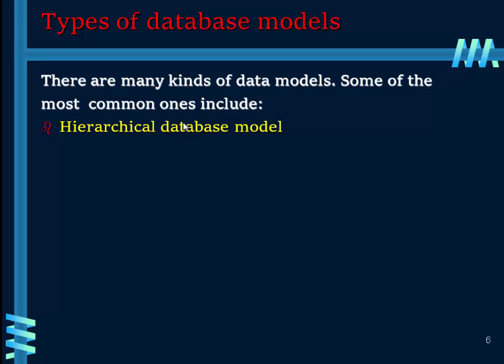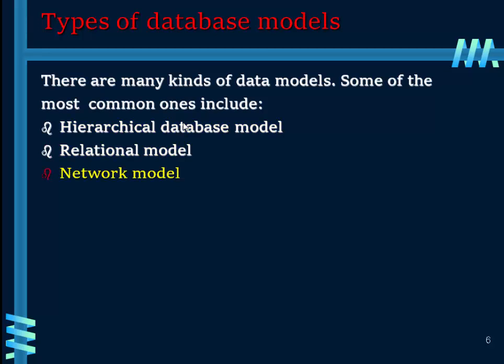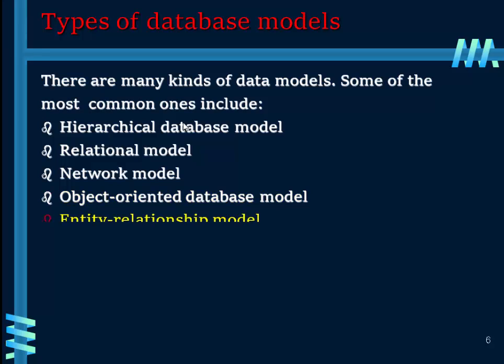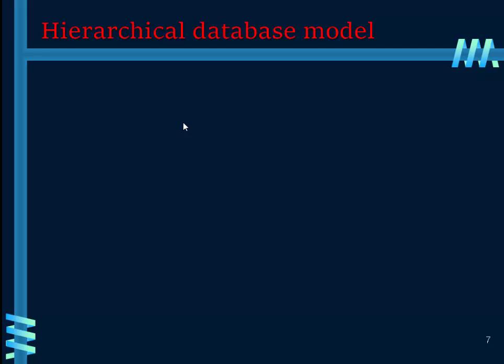So let us see the types of data models. There are many types of data models. Some commonly used data models are the hierarchical data model, relational data model, network data model, object oriented data model, and the entity relationship model. Let us see one by one.